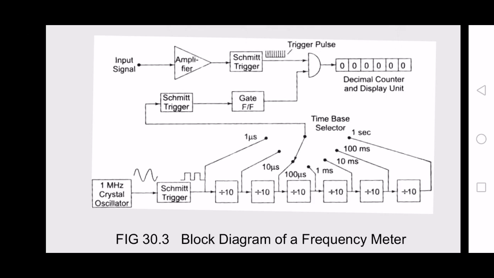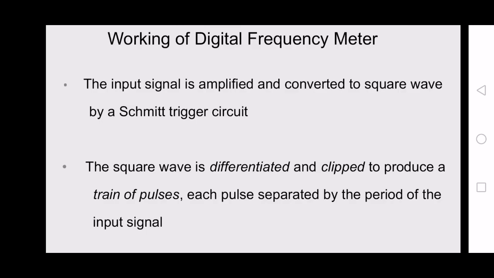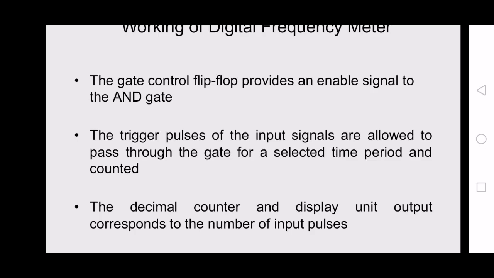The input signal is amplified and converted to a square wave by the Schmitt trigger, and the square wave is differentiated and clipped to produce a train of pulses, each pulse separated by the period of the input signal. The gate control flip flop provides the enable as well as the disable signal to the AND gate.